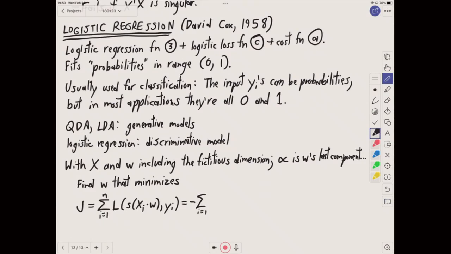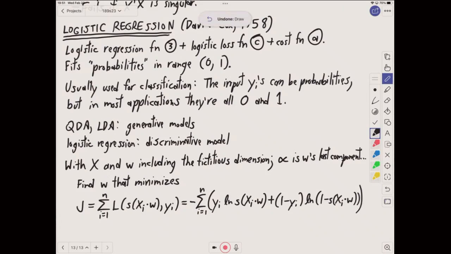There's a big minus sign in front. So the loss function is yi times the logarithm of the prediction plus 1 minus yi times the logarithm of 1 minus the prediction. And so this is the thing we want to optimize formally.